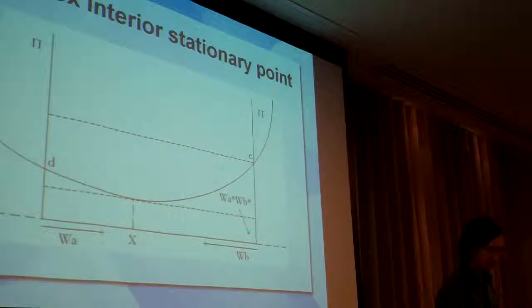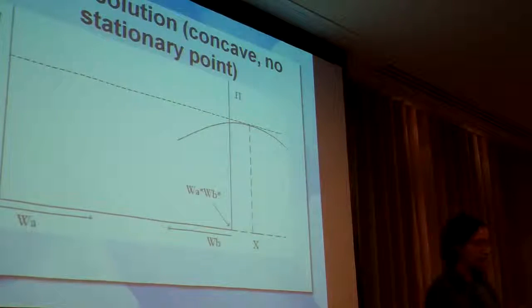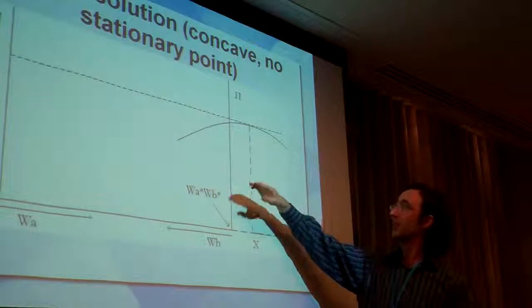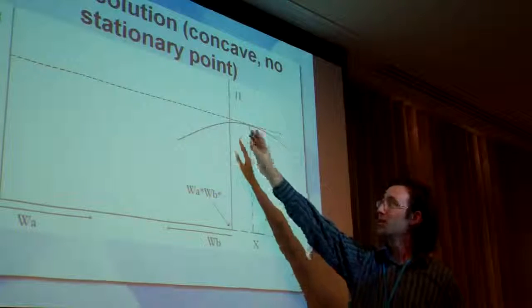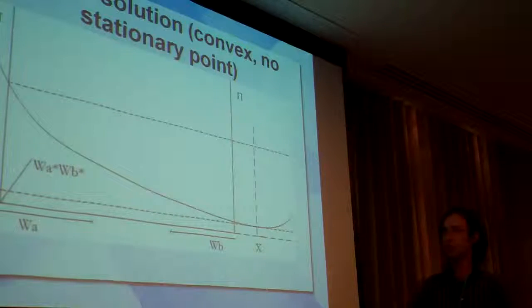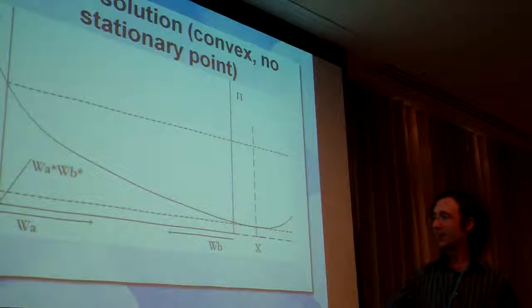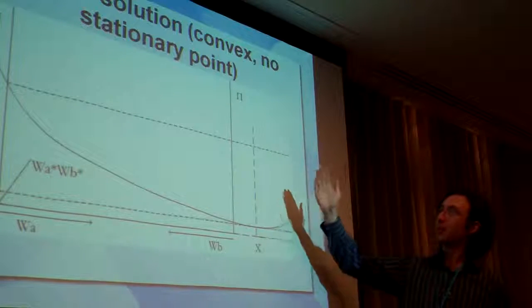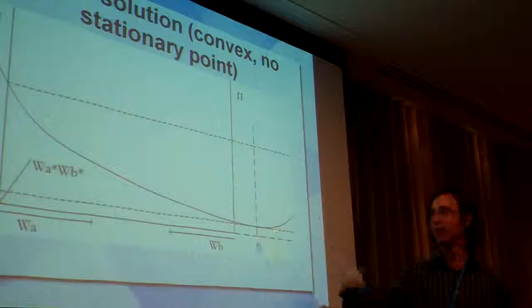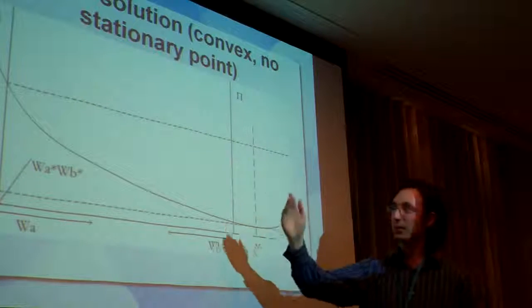You can also get a corner solution where the problem's concave, and if this is a local maximum, then this will be a global maximum as well. And you can also get a situation like this, where your problem is convex, and you have a local minimum, the opposite corner will then be your global maximum.